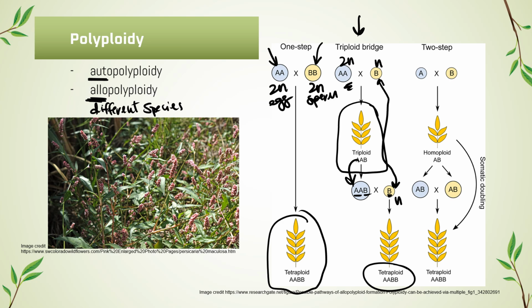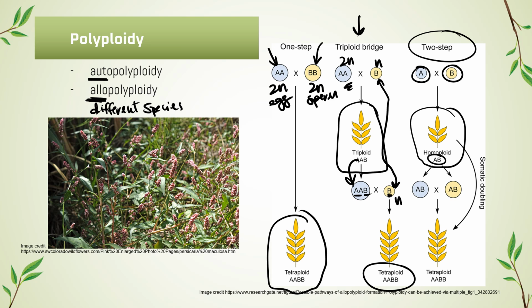Another way that we can have allopolyploidy lead to speciation, let's say that we have totally normal gametes from two different species of plant. We're going to hybridize and we're going to end up with a homoploid. We have one A and one B, so kind of haploid, but not exactly haploid, but haploid from different genes.